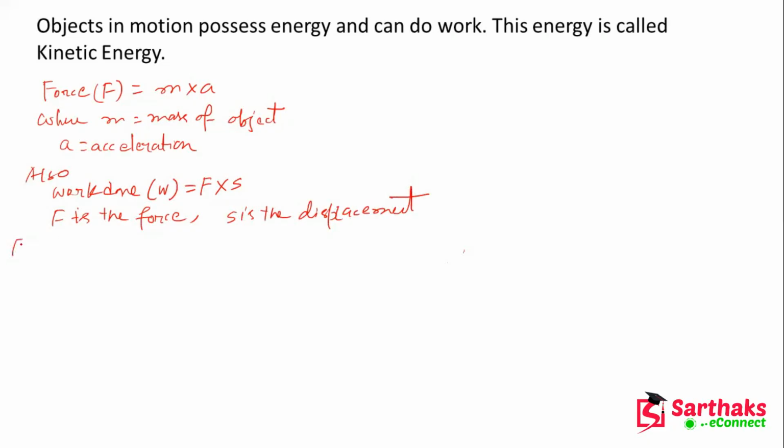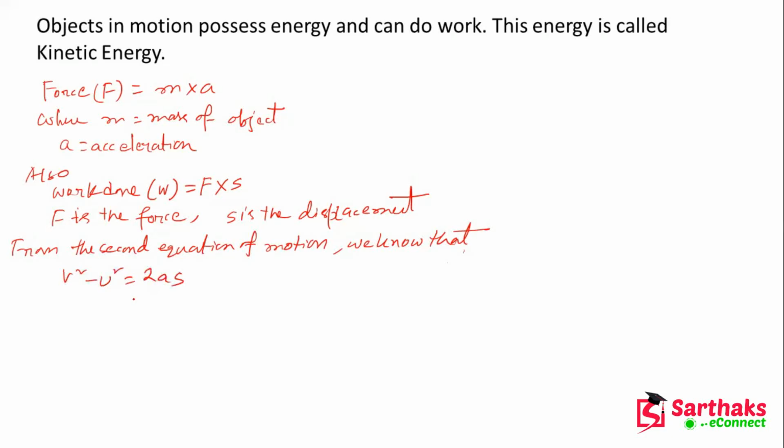Now, from the third equation of motion, we know that v square minus u square equals twice as, right? That means s equals v square minus u square whole divided by twice a. Let it be equation number 1. Let it be equation number 2.